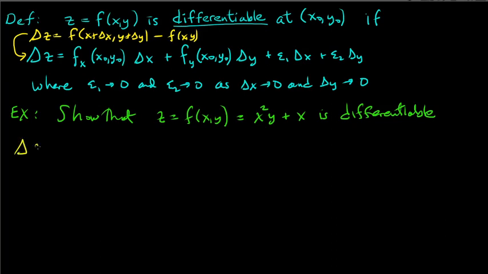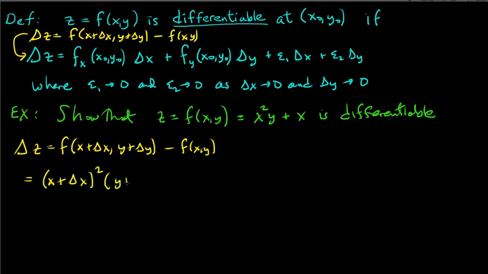So delta z, by definition, is just f of x plus delta x, y plus delta y, minus f of x, y. This is going to be kind of a tedious calculation, but let's go through it. Changing all the x's to x plus delta x, we get x plus delta x squared times y plus delta y, minus the original function, x squared y plus x.